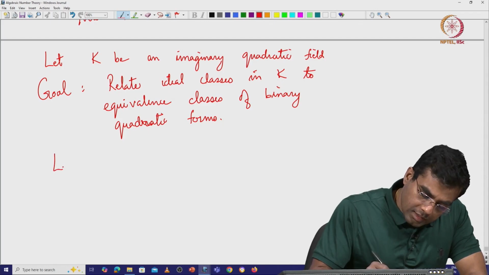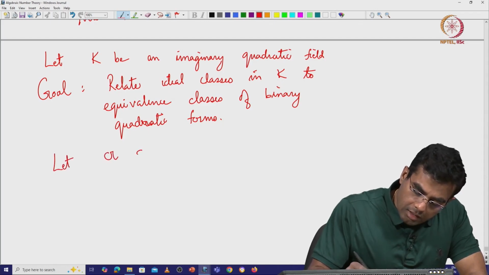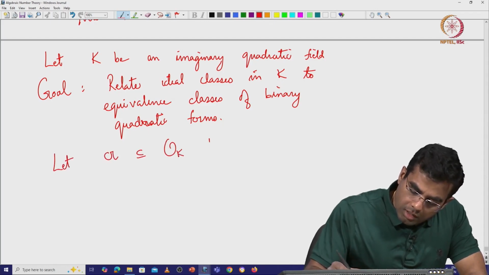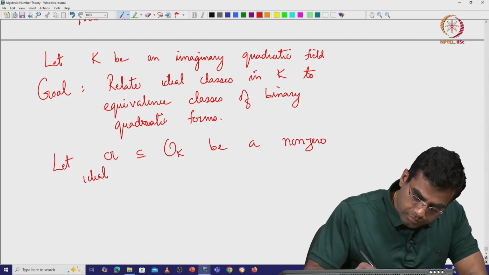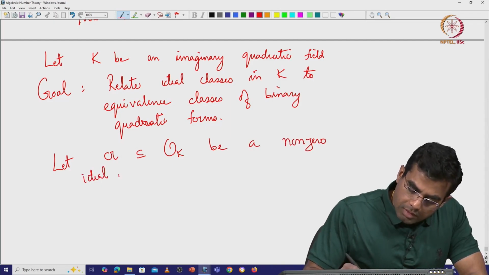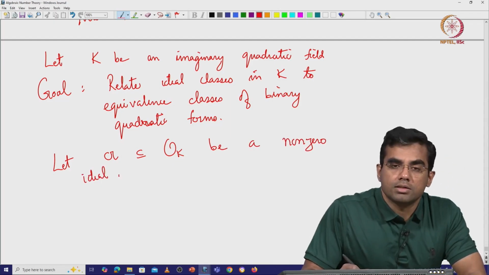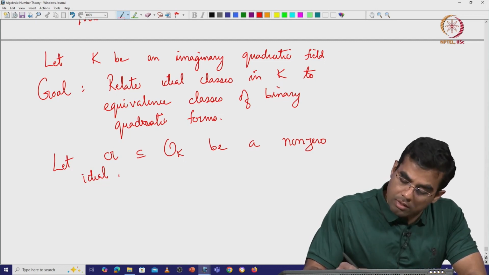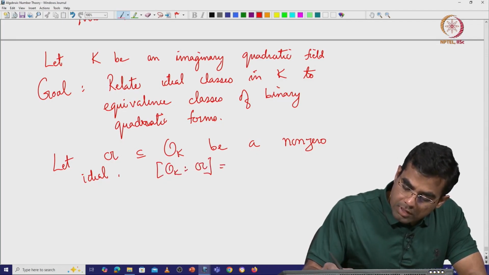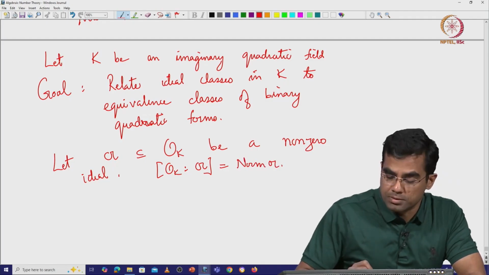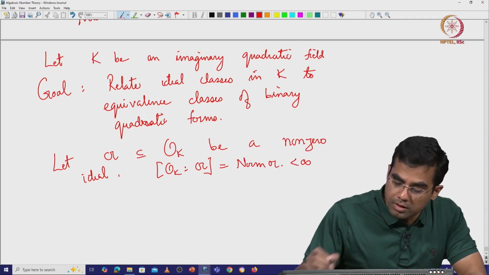Let us start. Let A contained in OK be a non-zero ideal. So, it is a finite index subgroup of OK, and we know that the index of this is the norm of A, and this is less than infinity.